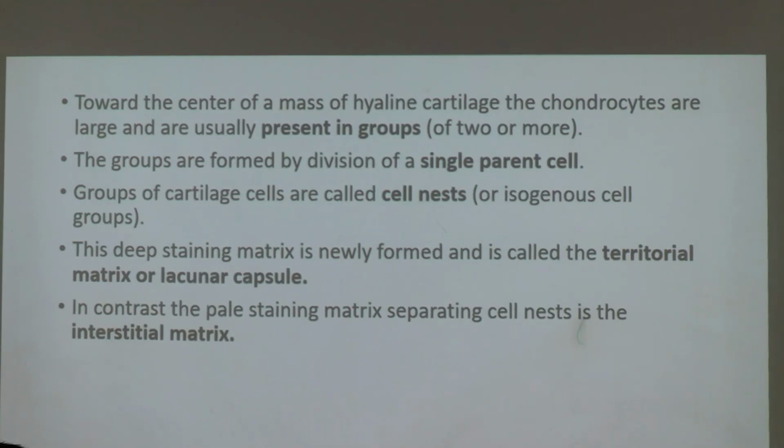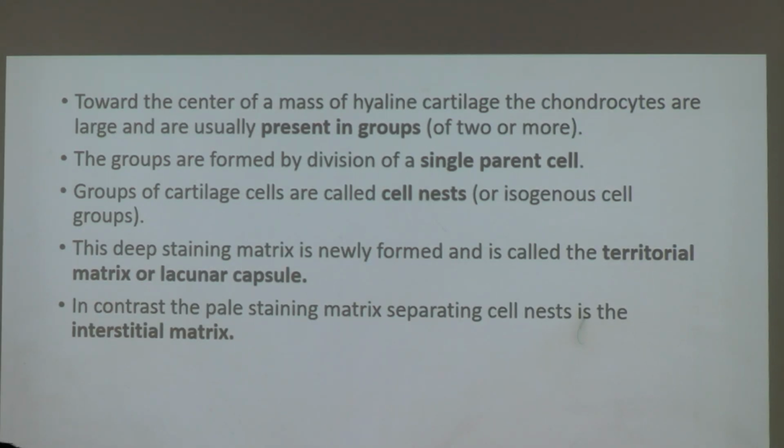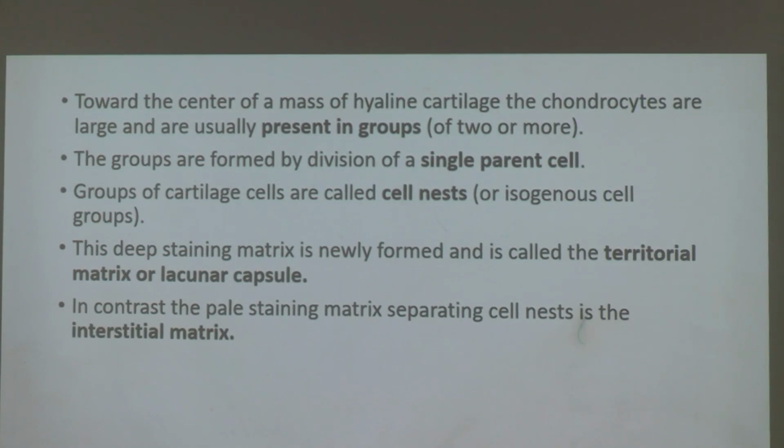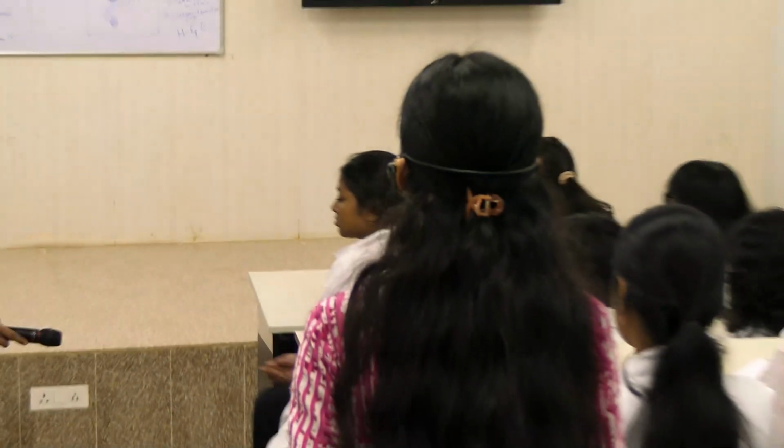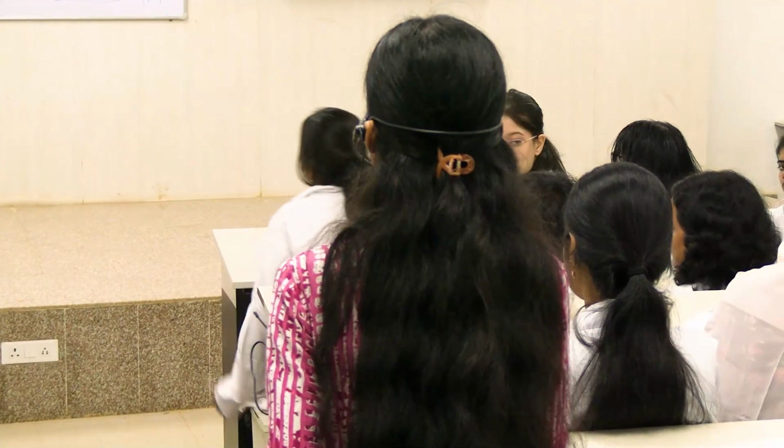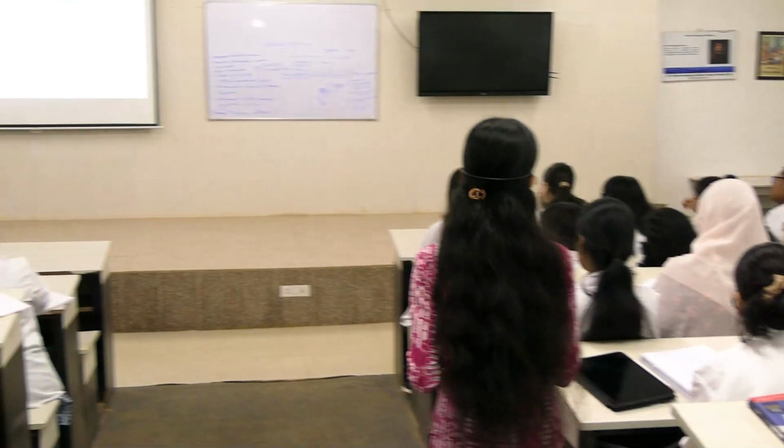In contrast, the pale staining matrix separating cell nests is the interstitial matrix. Okay. As I mentioned, lacunae are always present as a group of 2 or more cells, okay? And these cells are divided from a single parent cell. That's why they are present in a cell nest manner. And it is also called isogenous cell groups, okay?